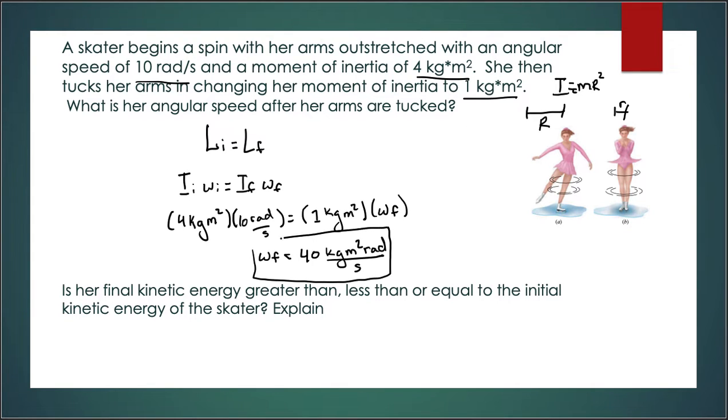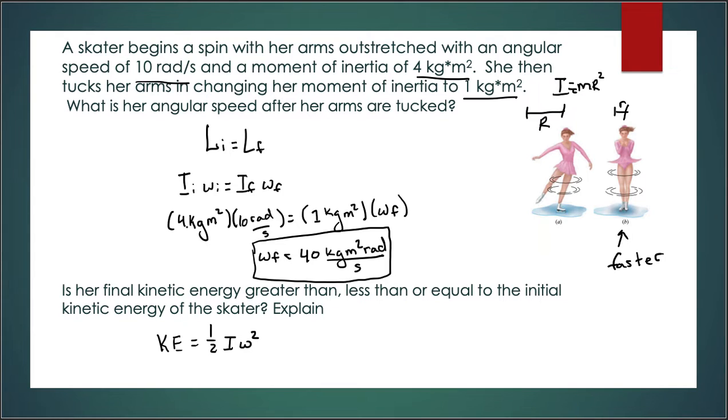All right, so by decreasing that I, we're going to increase that omega much faster. And if you've ever seen skating before, you've seen that happen. That's how it works. So now the question is, is the kinetic energy greater or less than before? Well, take a second to think about it, but we know that kinetic energy, at least rotational kinetic energy, is 1/2 I omega squared.